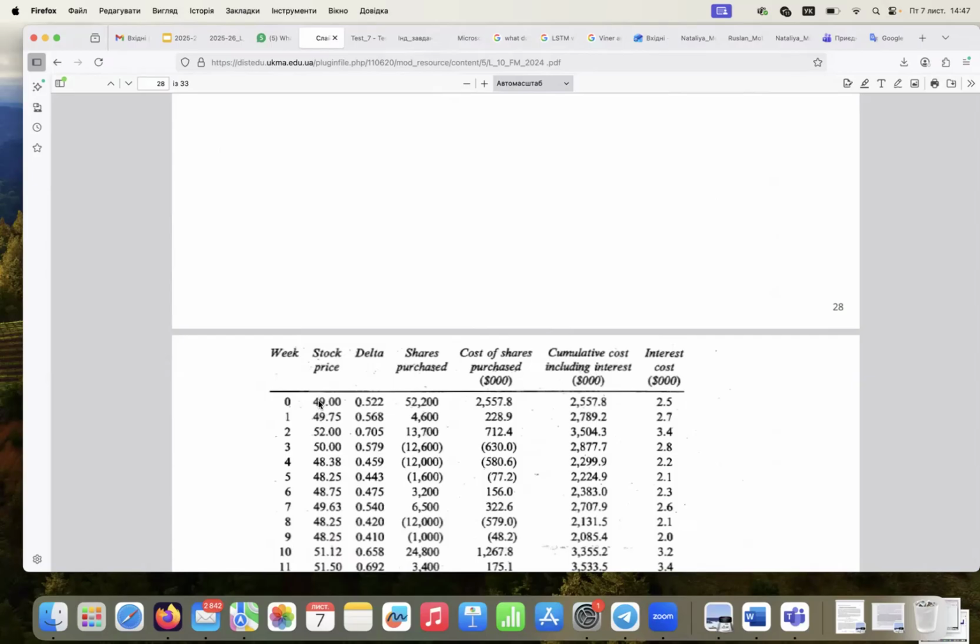But if we apply this strategy, the first value is in the future, next week will be a different value.